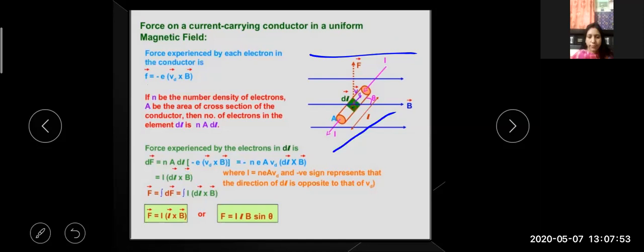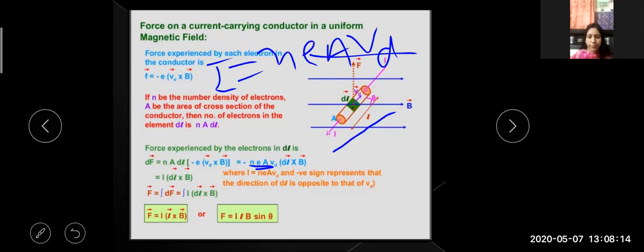This relation is current equal to n e A v_d, so n e A v_d equal to I. And we can write I L equal to n e A v_d into L. Here I L vector is a current element that we discussed in the previous video, in which we were discussing Biot-Savart's law.